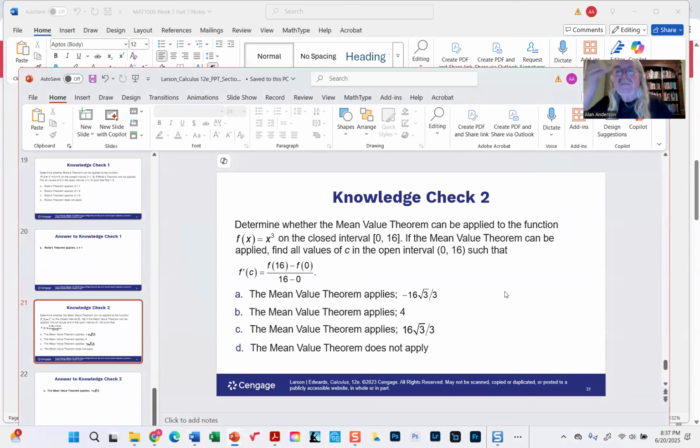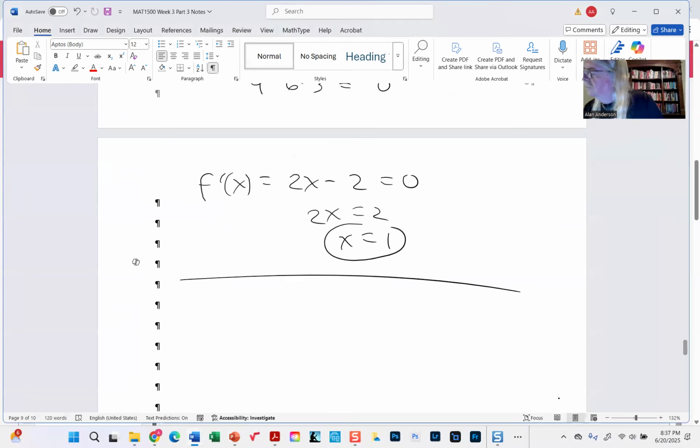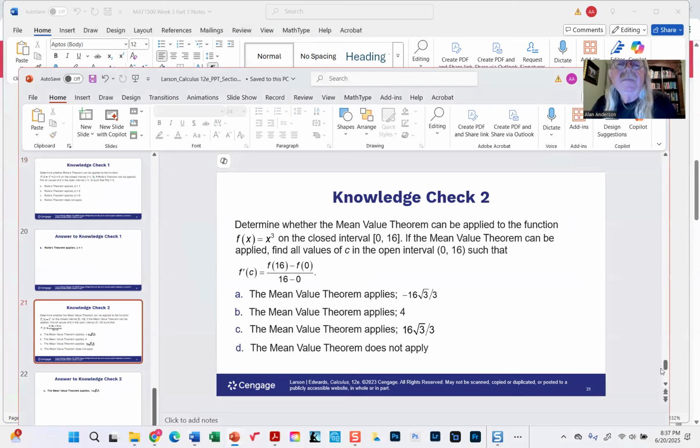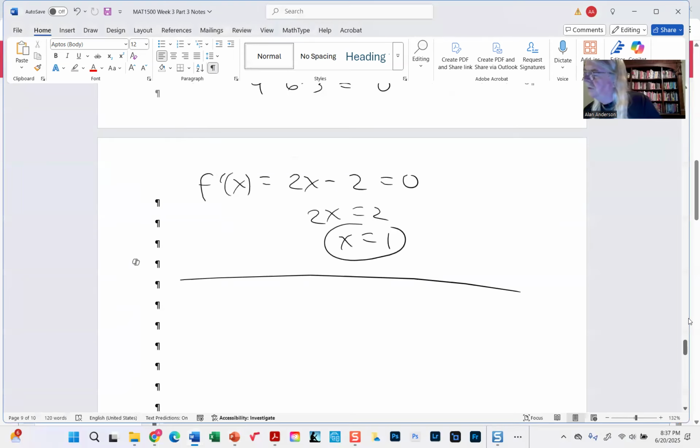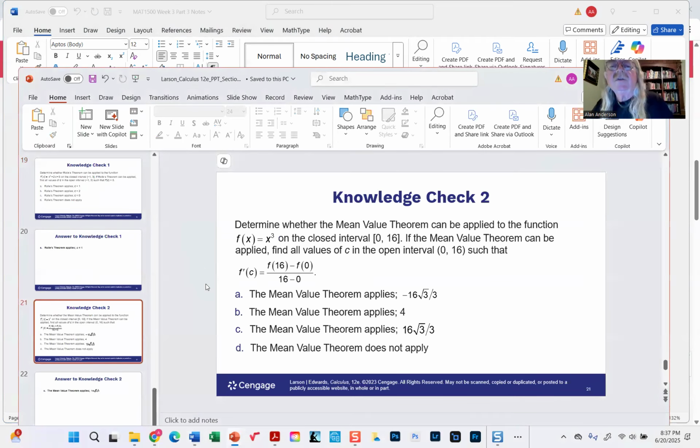Now the mean value theorem. f of x equals x cubed, and the interval is 0, 16.